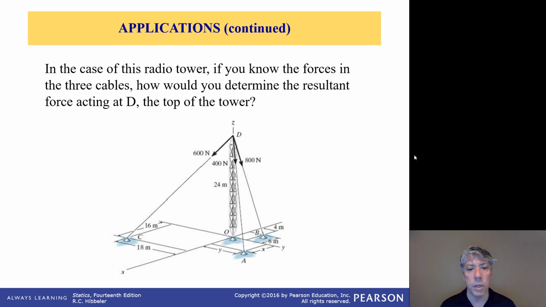So the wires that go from D down to C, to A, and to B all carry force that helps stabilize the tower. But one thing we're particularly interested in is adding these forces together, because we'd like to know the total force at the top of the tower. You probably realize from intuition that the horizontal plane components, the XY components of these three vectors, must cancel out in order to not cause the tower to tip over simply from the force in the cables.